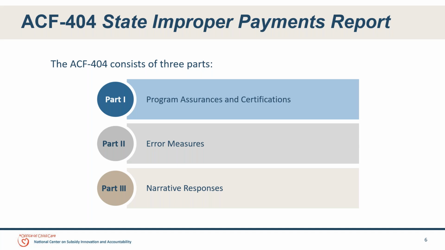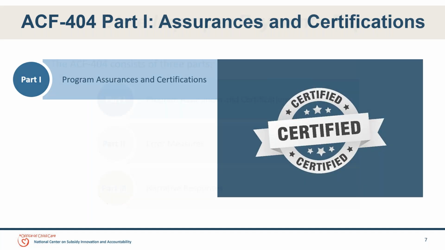Part 2 is the error measures, which are the quantitative measures. And then part 3 consists of some narrative response items. We'll start with part 1, the program assurances and certifications section.